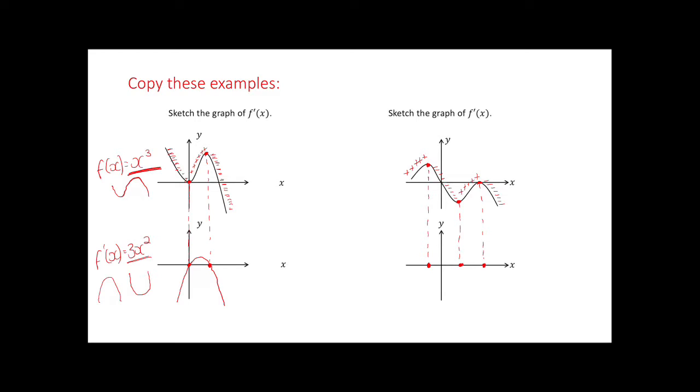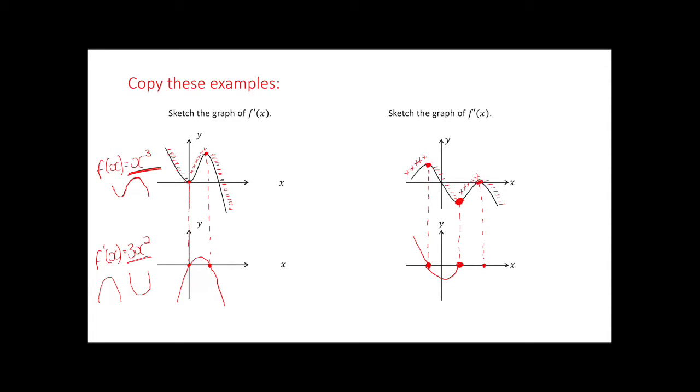If it's negative, it lies below the x-axis. So up until this first root here, it's positive, so it lies above my x-axis. Between these 2 turning points here, it's negative, so I'm going to have to join this root and this root below the x-axis. So it comes down and back up to meet it.